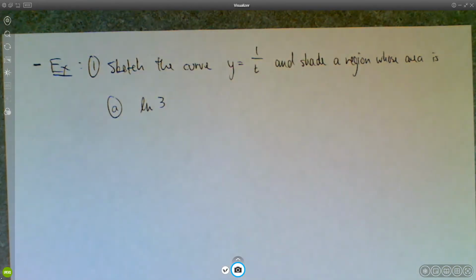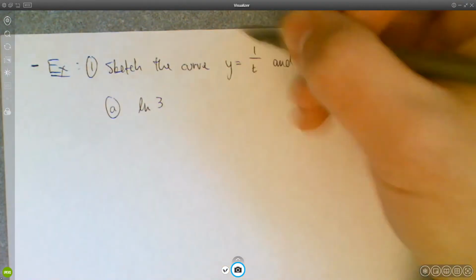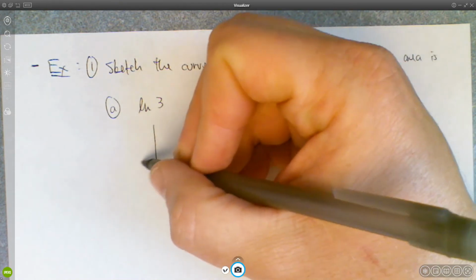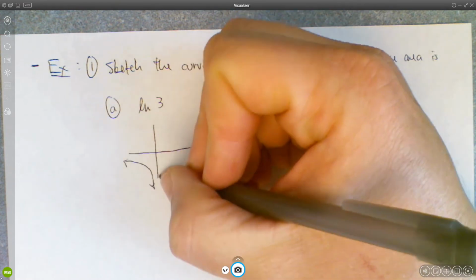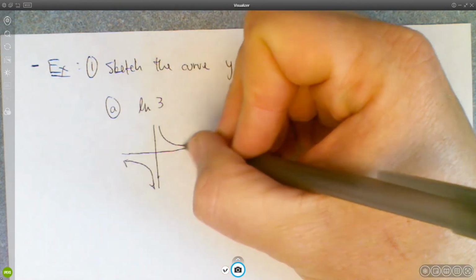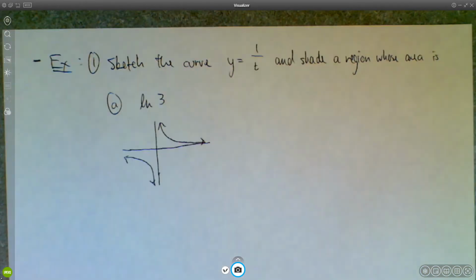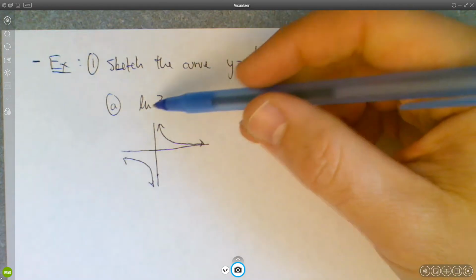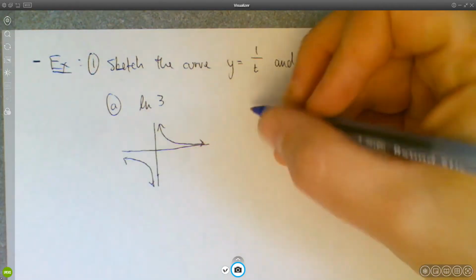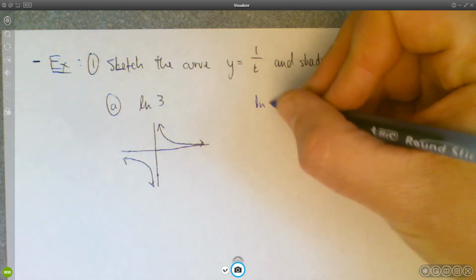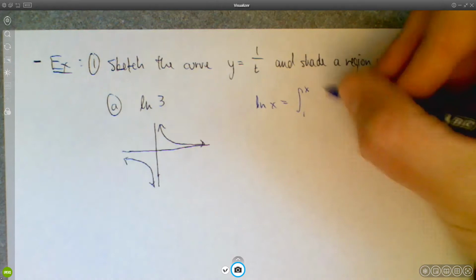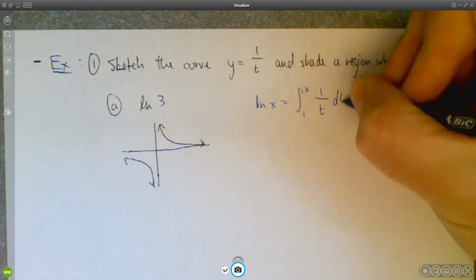Okay, well, first of all, the curve y equals 1 over t looks like this, right? Now, if we want to shade in a region whose area is ln of 3, it might be useful to look back at that definition. We said that ln of x is the integral from 1 to x of 1 over t dt.